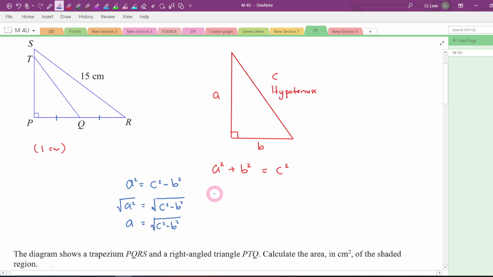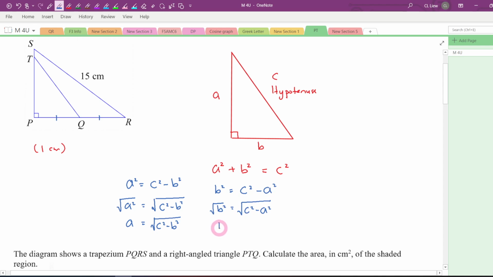Now, how do we find B? Let's say if you want to find B, B squared is equal to C squared minus A squared. So same thing, we want B, therefore we square root both sides.